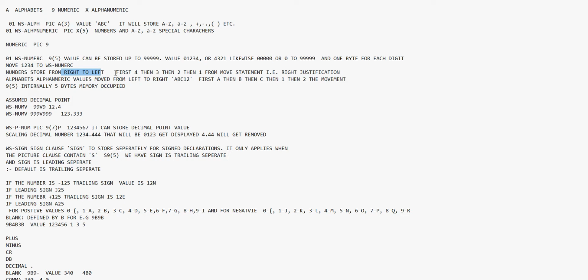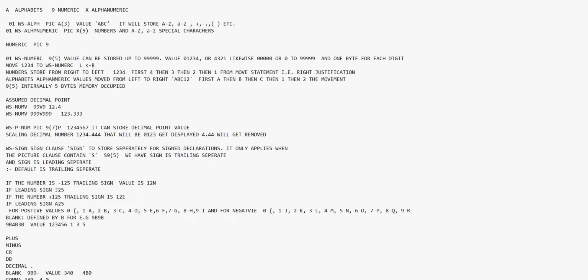That means if we want to store the number 1234, internally it will store first 4, then 3 next to it, and so on, from right towards left.